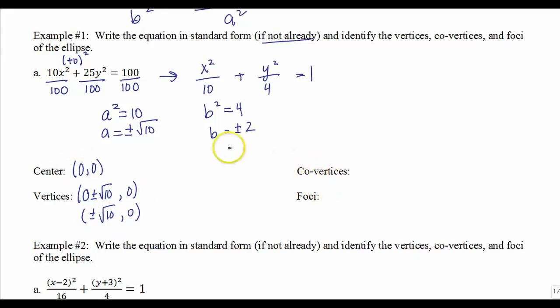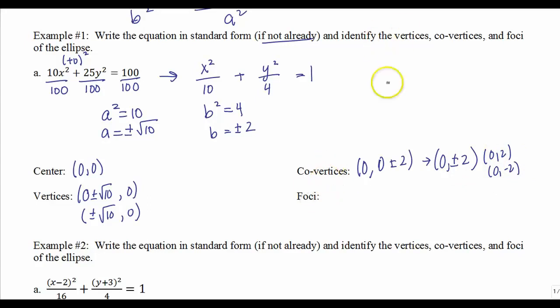The co-vertices match with B, the smaller number, so b is plus or minus 2. So in the y direction, because B is under y, I get (0, 0 plus or minus 2). So that means (0, plus or minus 2), which, if you forgot, is (0, 2) and (0, -2). It's just faster to write plus or minus for the co-vertices.